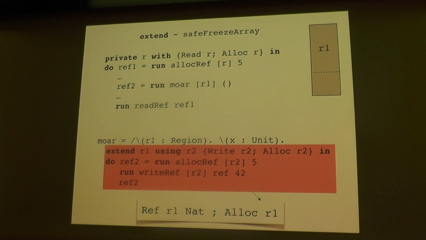So it's based on return and bind, and it does some extra inference to work out what monadic effects everything is. Whereas this system is based essentially on a modal logic. So this S thing is a modal type constructor, and run and box are based on primitives from modal logic.